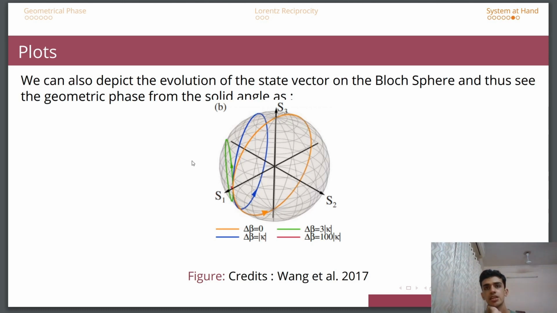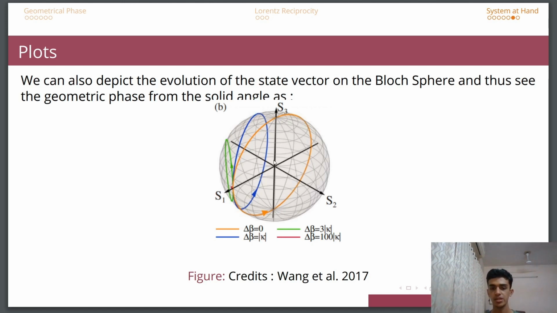So our trajectory on the Bloch sphere is essentially a very small radius circle. So it subtends almost no geometrical phase. And for delta beta equal to 0, it passes through both the north and south pole, and every time it passes, it gains a factor of pi. So these are two extreme cases which actually show the non-reciprocity.